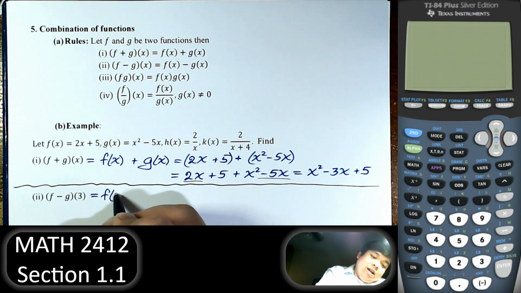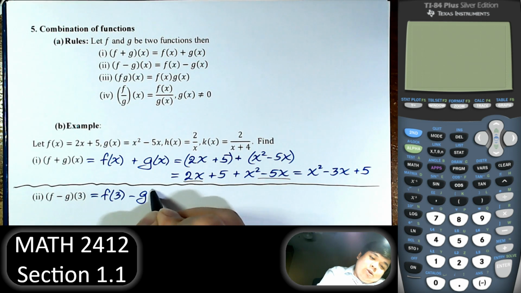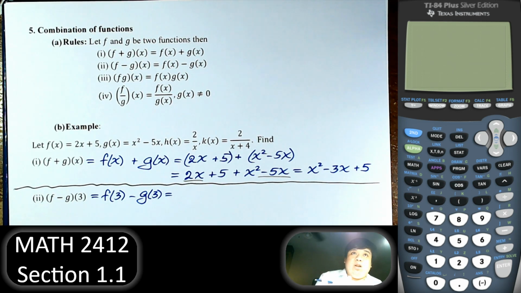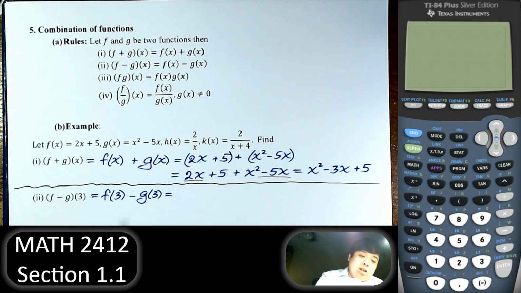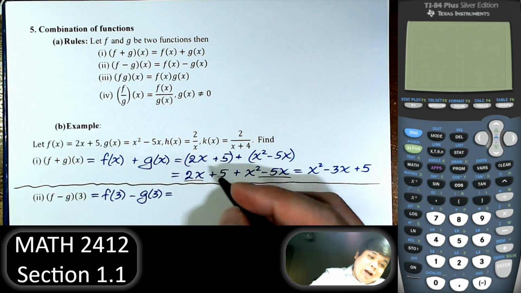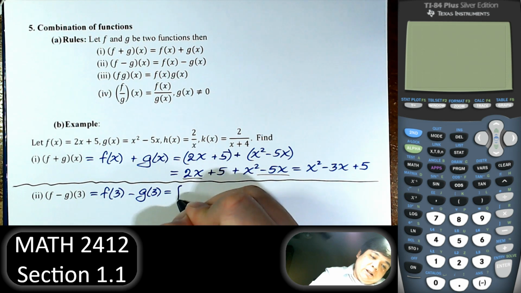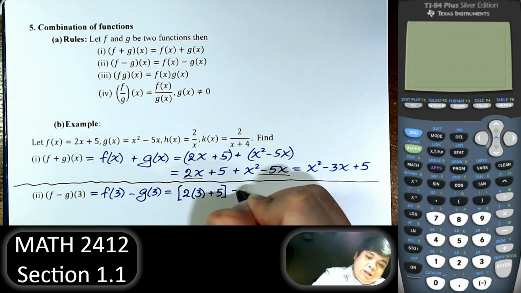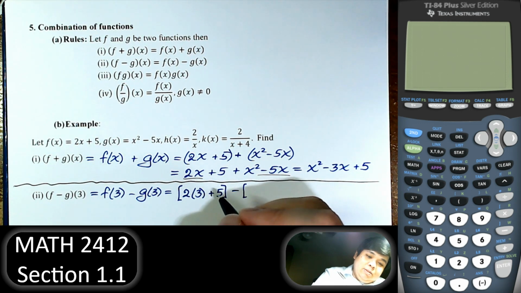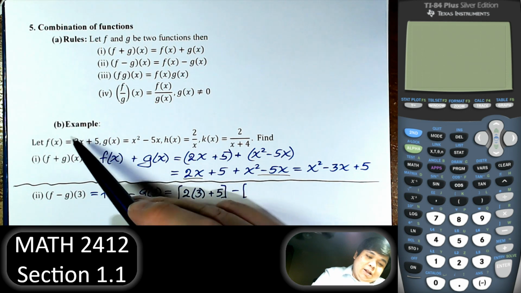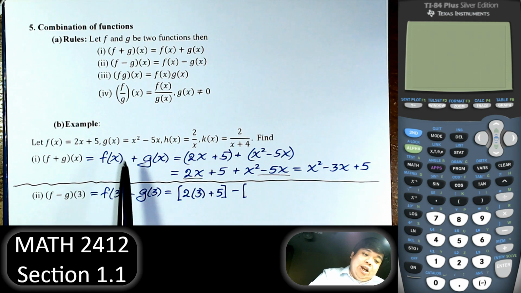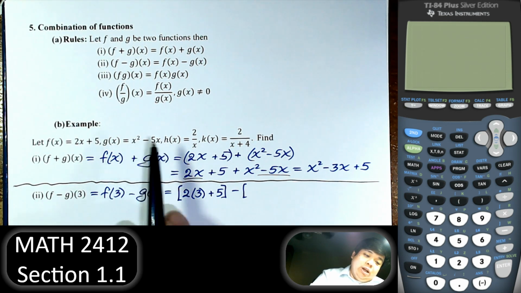Right. Next, whether it is x or any particular number, we do the same. Just say f of 3 minus g of 3, meaning that we're going to put 3 first into the function and then subtract them. F of x is 2x plus 5, so we're going to put 3 in for x here. So that is f of x at 3. And then g of x at 3, we're going to put 3 in here.